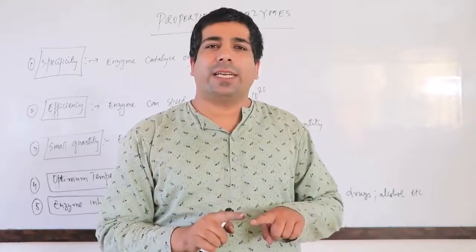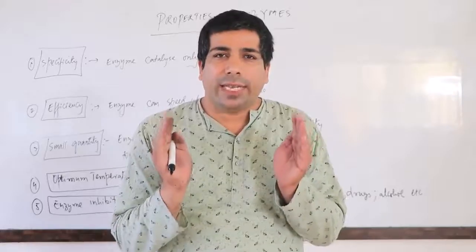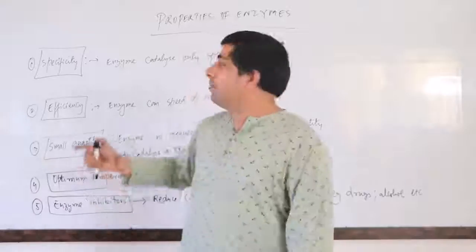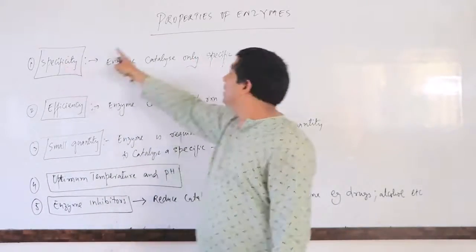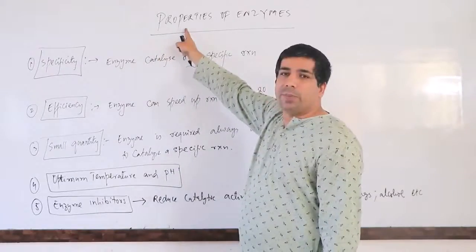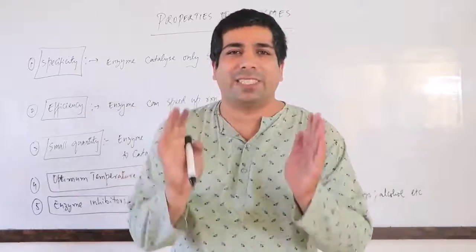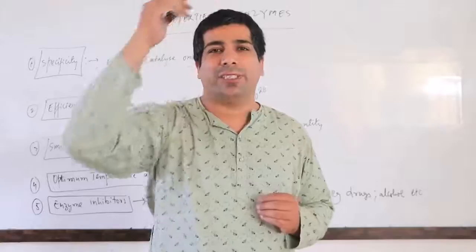It will not catalyze any other reaction. So that means the catalytic property of an enzyme is specific. That's why I am saying the term specificity. Specificity is basically the property of an enzyme, which means an enzyme can catalyze only a specific reaction. One enzyme cannot catalyze all reactions.